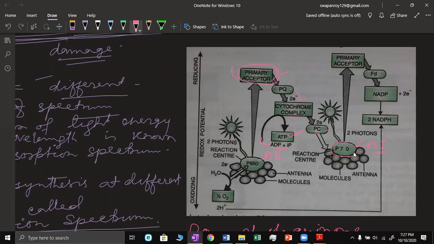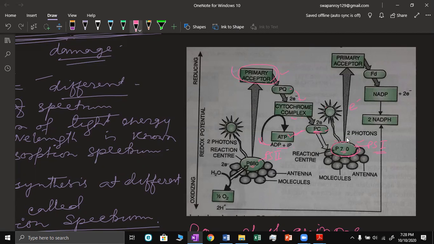So what happened here also is that this system absorbs light energy and then it releases electron. So this chlorophyll molecule is deficient of electron, so it can accept electron from plastocyanin, which has actually come from the PS system 2.